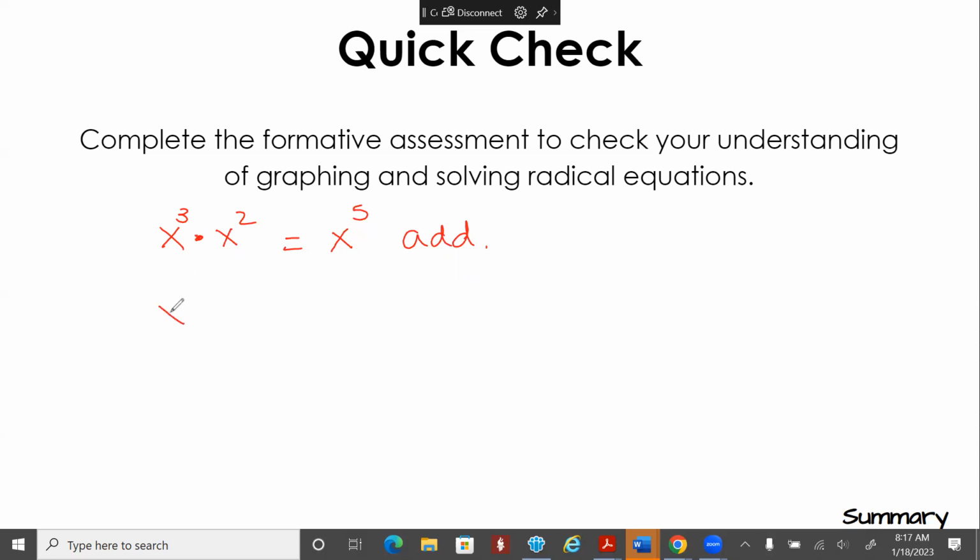Okay, if you have something like this, where you're dividing, what are you going to do with the exponents? Subtract. Okay. If you have something like this, where you would have a power raised to a power, what are you going to do with those exponents? Multiply.